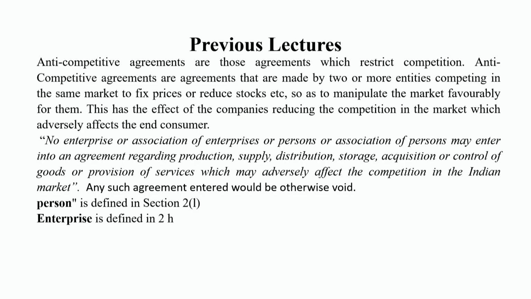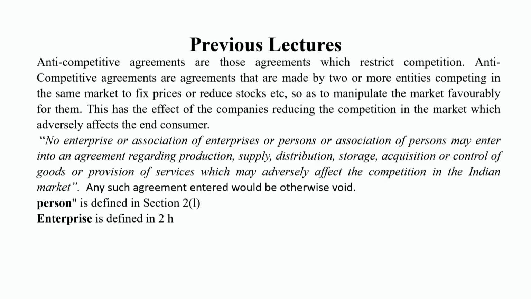In the last session, we discussed that Section 3 is related to the prohibition of anti-competitive practices, and it is divided into 5 subsections. For better understanding, we decided to categorize it into 4 aspects.